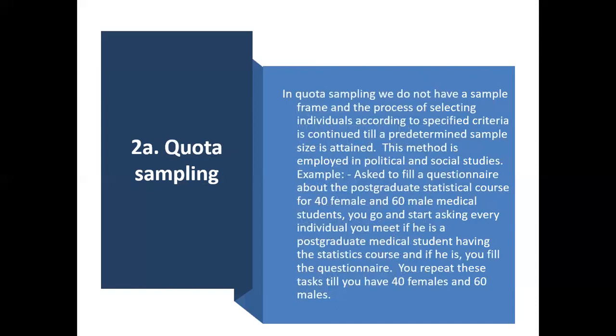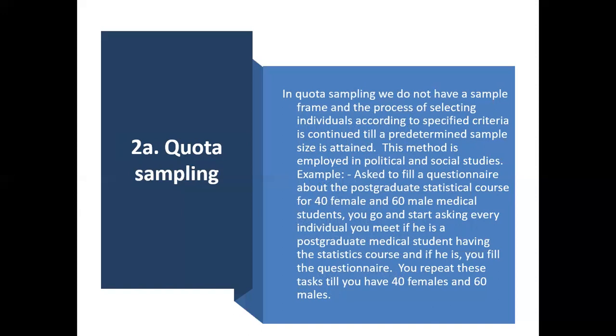Number one, quota sampling. In quota sampling, we don't have a sample frame, and the process of selecting individuals according to specified criteria is continued till a predetermined sample size is attained. This method is employed in political and social studies. Example: asked to fill a questionnaire about a postgraduate statistical course for 40 female and 60 male medical students.